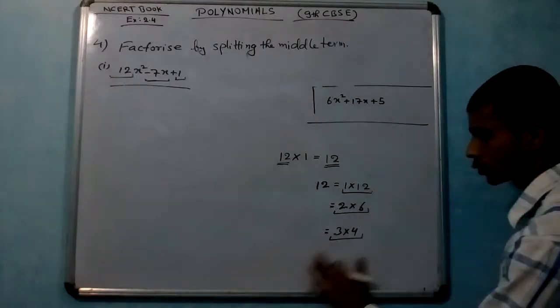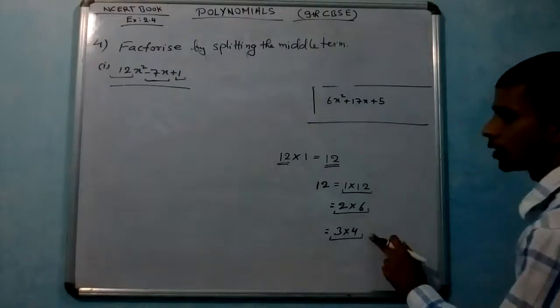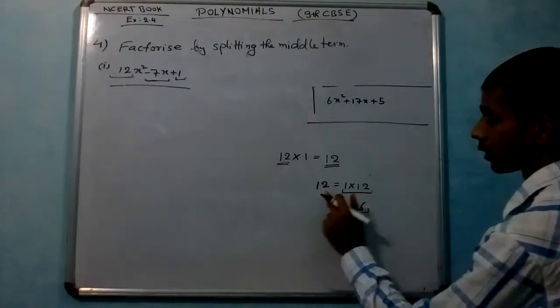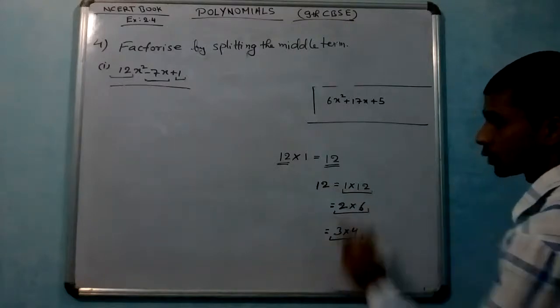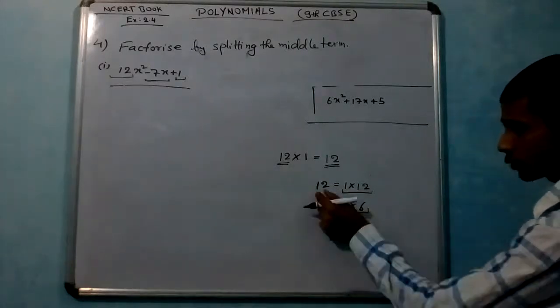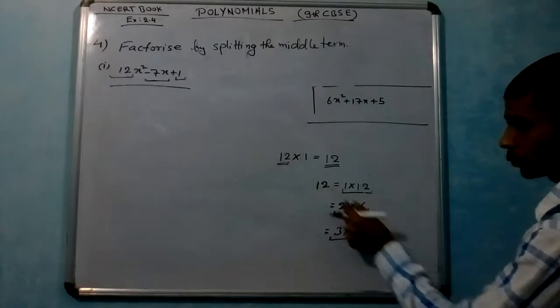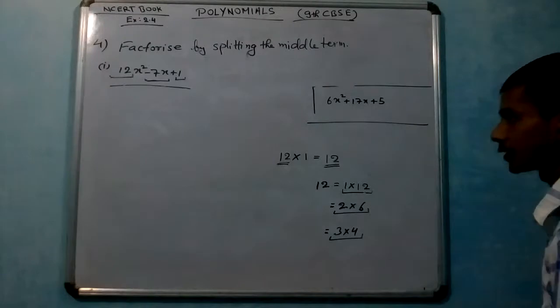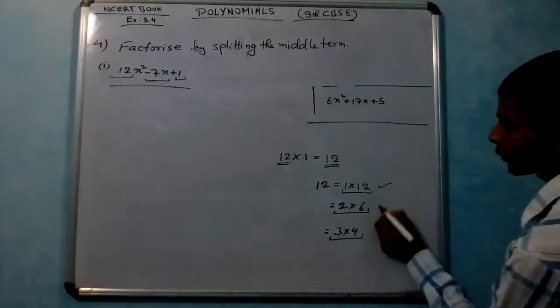The same will be repeated, so no need. So we have three possible pairs of factors whose products must be equal to 12. Clear? And so which pair should we take here?